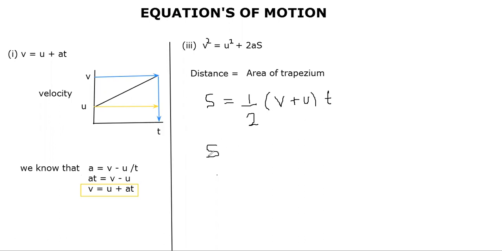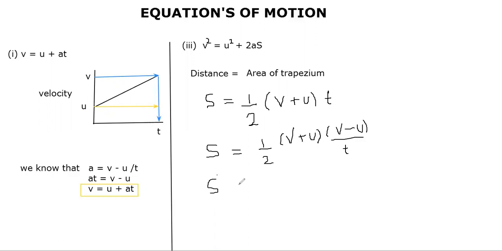So put these values. s is equal to half, bracket v plus u, bracket v minus u, divided by a. Now here, see, a plus b into a minus b becomes a square minus b square.